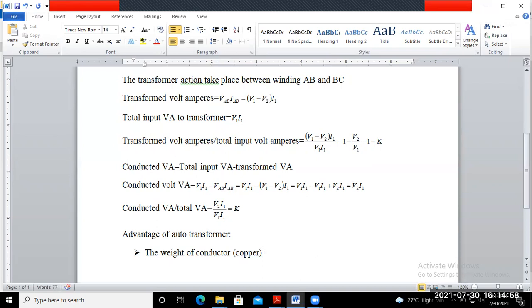For any winding, the weight depends on the cross-sectional area and length of the conductor.